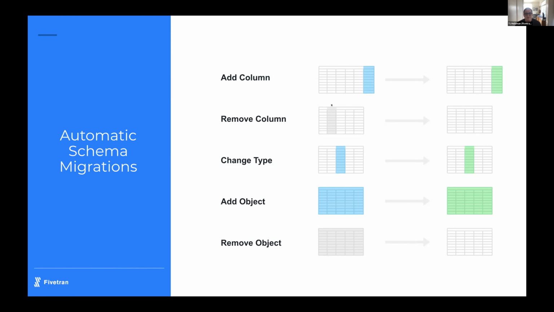When a column or table is removed at the source, Fivetran generally doesn't delete anything in the destination, so we'll simply leave that column or table as is, but we'll stop writing to it. And then for a data type change, Fivetran can actually infer that a data type change has occurred, and we'll make the appropriate change in the destination that will handle both the historical data type as well as the new data type that's coming through. So we do all of that automatically.